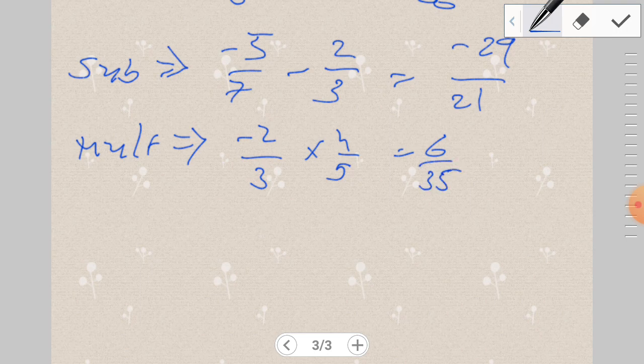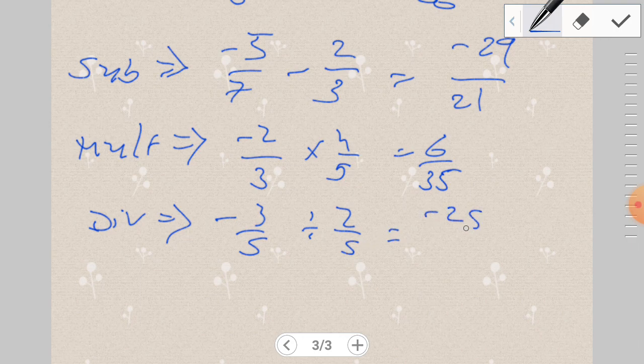That means it also satisfies the property. Then division. If we take minus 3 upon 5 divided by 2 upon 5, it becomes minus 3 upon 2.